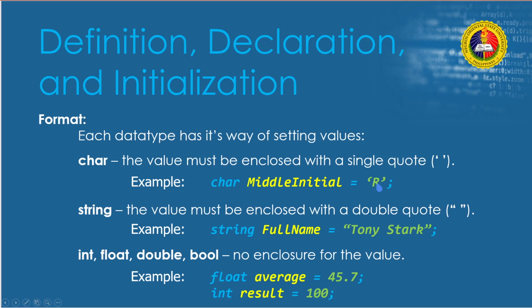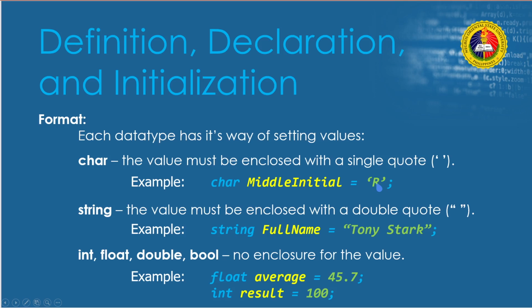Take note of that. For char, it should always be enclosed with a single quote. And for string, the value must be enclosed with double quote. For example, string full name, "Tony Stark", it should always be enclosed with double quotation.